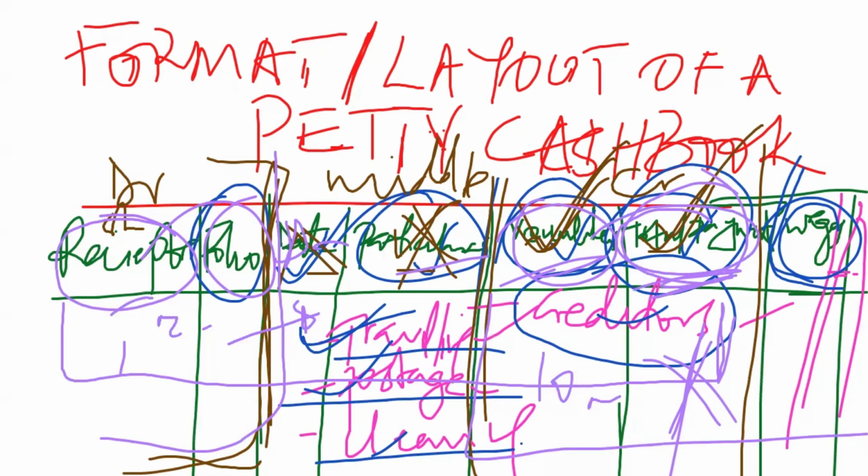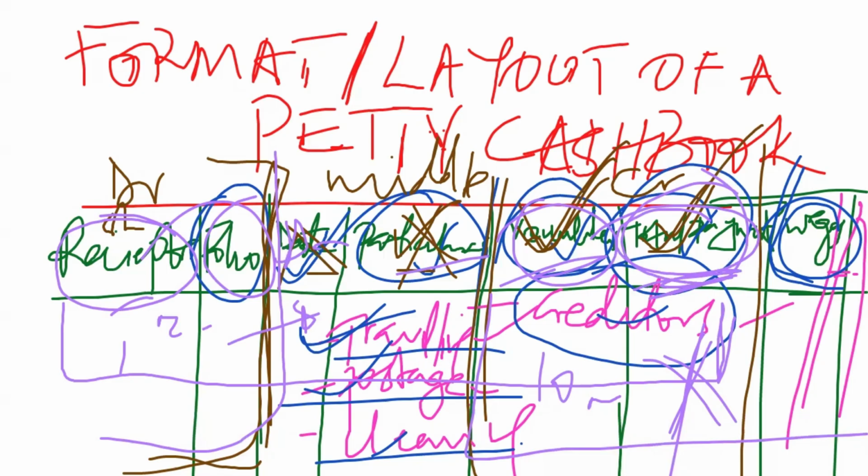However, I also want to explain something to you: most questions may give you the category headings belonging to the different analytical columns, or what we call the category columns. The examiner might tell you to group such expenses under such headings or categories.